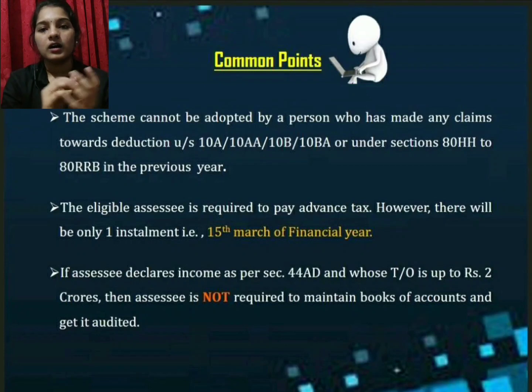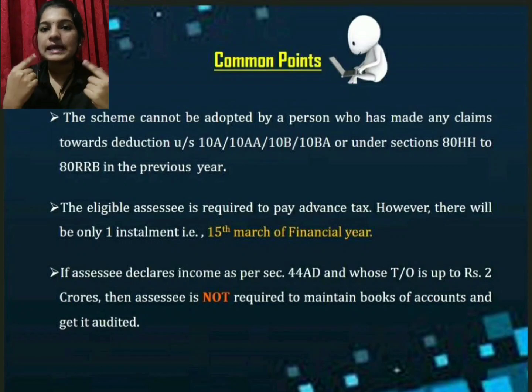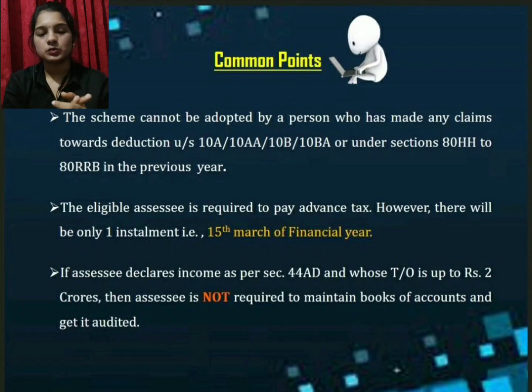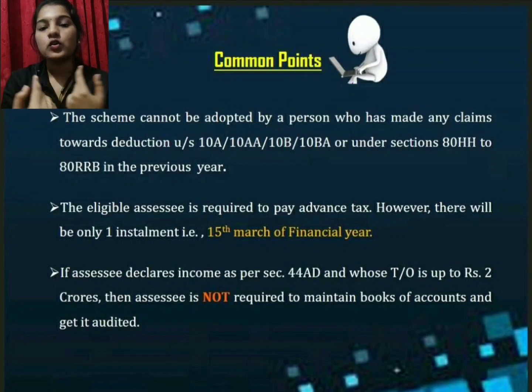That is, under normal provisions, as per section 44AA, in case of businesses, if the profit of the business exceeds 1,20,000 rupees or the turnover exceeds 10 lakhs rupees, then the assessee is required to maintain books of accounts. Similarly, as per section 44AB, if the turnover of the business exceeds 1 crore rupees, then he is required to get his books of accounts audited.